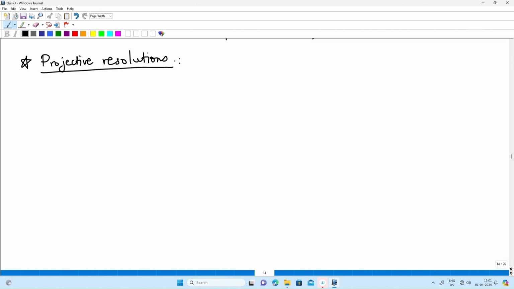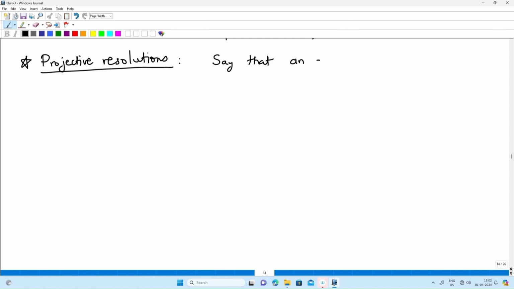I do not remember if we ever defined a projective object in the class, so let me define it. This definition doesn't really require an abelian category or additive category.